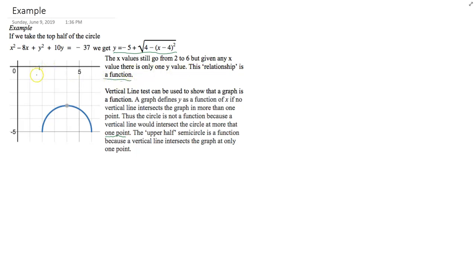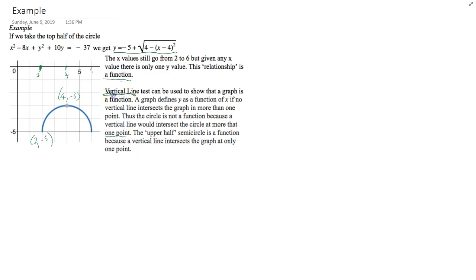Because when x is equal to 2 right here, we had one value, negative 5. When x was 4, it's only one y value at negative 3. Right? And when x was 6, is one y value again, all the way. So each x value has only one y value.